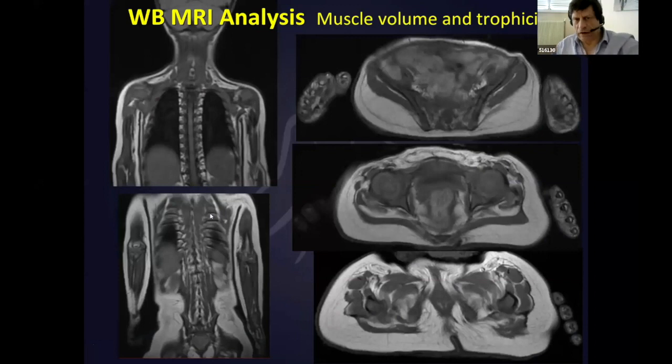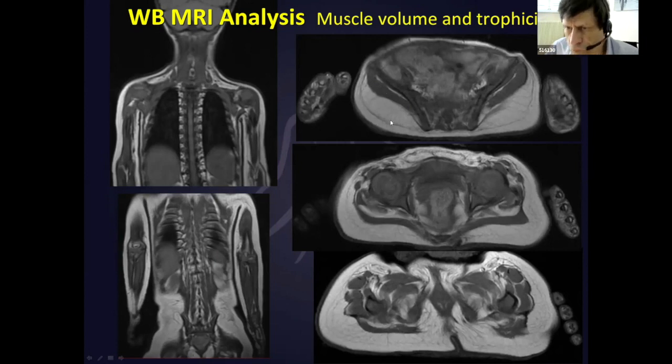In children, the fatty replacement is not always the unique or the important point of muscle modification. In this example, the fatty replacement is not into muscle, but outside muscle. The muscles are very thin, very atrophied, but there is not a bright signal on T1 weighted sequence into muscle.